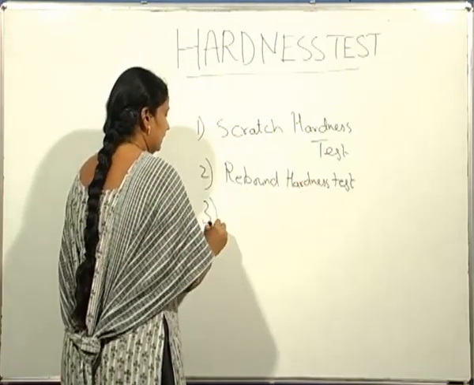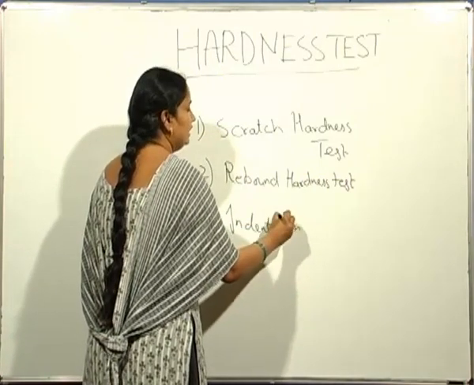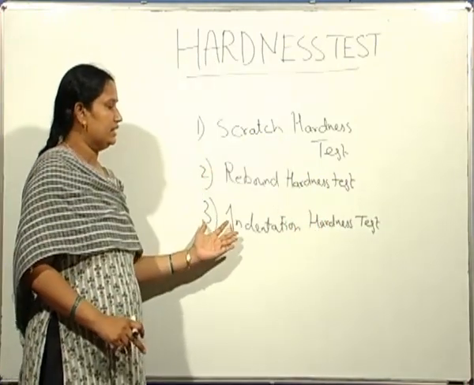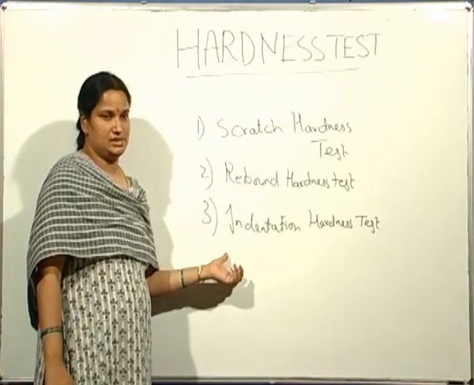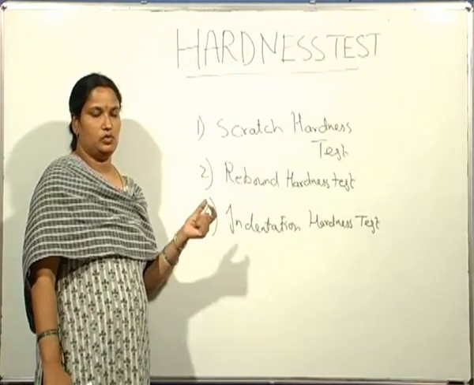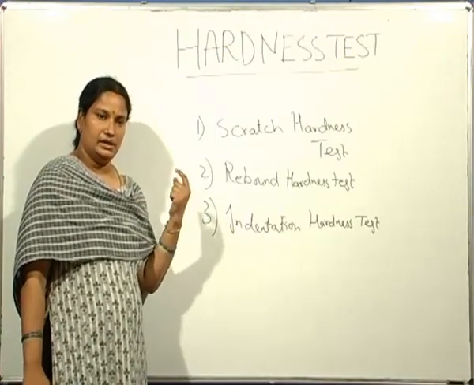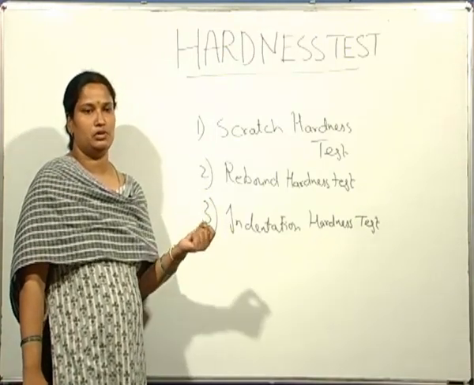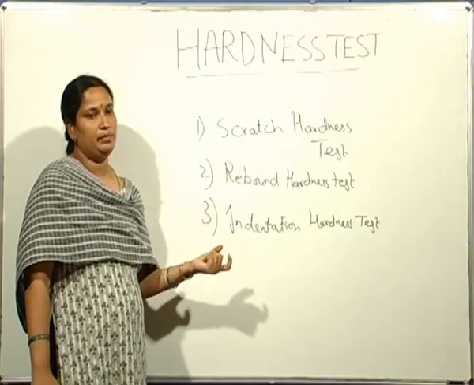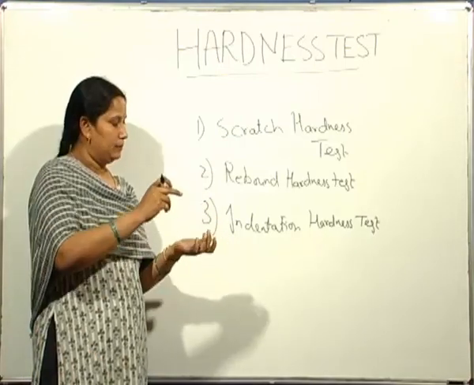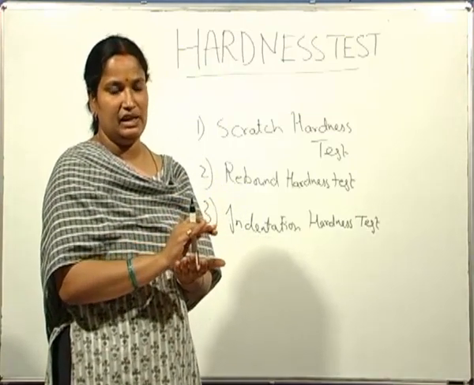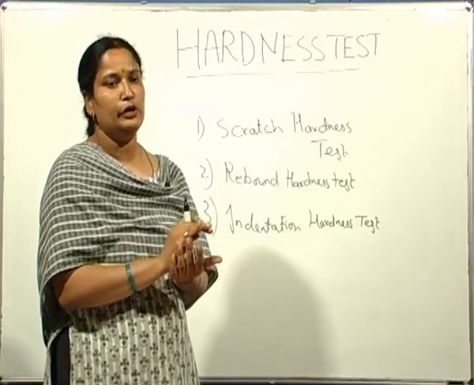Then the third is the indentation hardness test, where an indenter, having either a spherical shape, or the form of a cone, or a pyramid, tries to indent the surface of that material under the application of a known load.